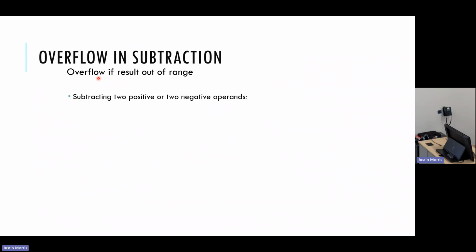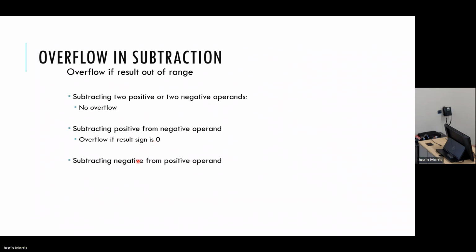So overflow and subtraction. If we subtract two positive or two negative operands, there is no overflow. But if I'm subtracting a positive from a negative operand, I can go beyond the negative threshold, and the overflow is, again, if the resulting sign is 0, because it goes from a negative to a positive.